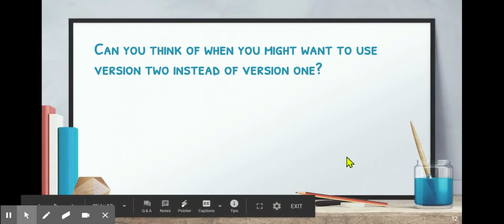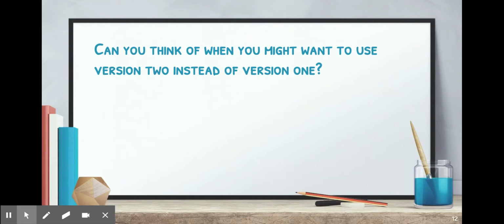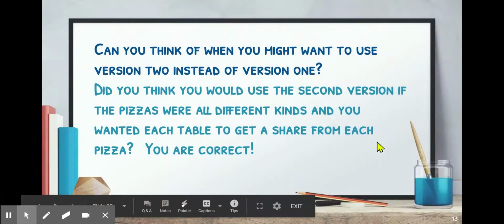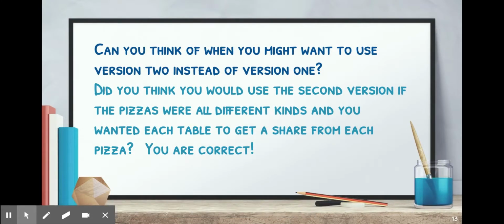Can you think of when you might want to use version 2 instead of version 1? That's right. You would want to use version 2 when you have different kinds of things that you're dividing up and you want each table to get a share from each kind of pizza.